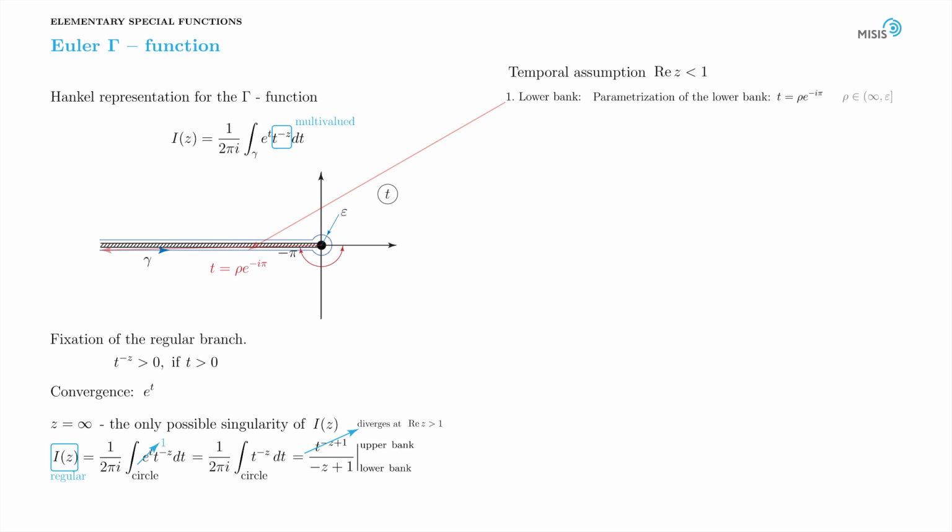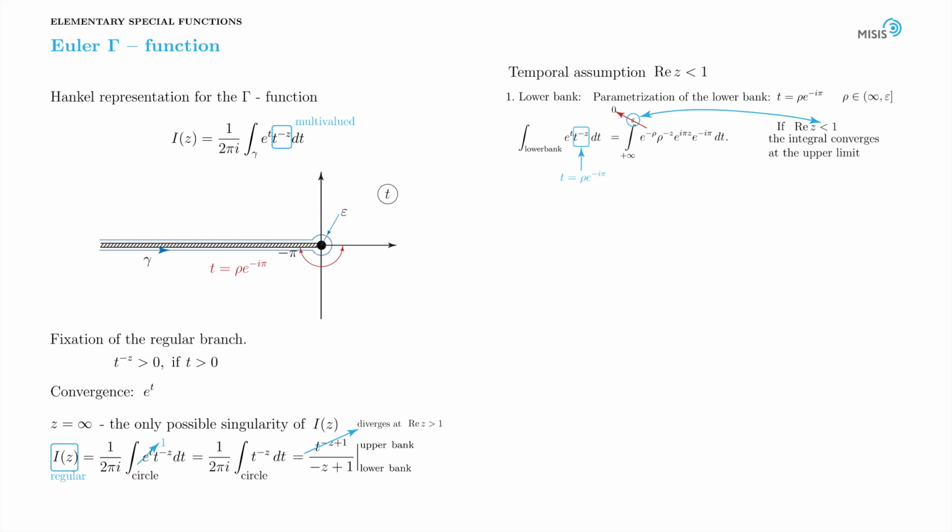It changes from plus infinity to epsilon as we go along the contour. So we plug our parameterization into the lower bank part of the integral, and it is transformed like this. Now, if the real part of z is smaller than 1, the integral converges at the upper limit, and we can take the limit epsilon tending to 0.